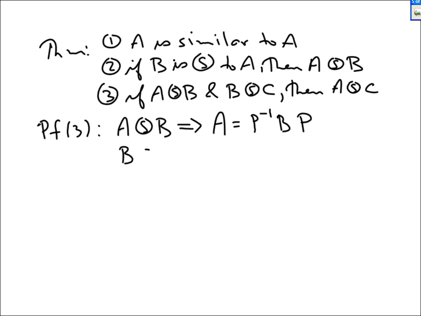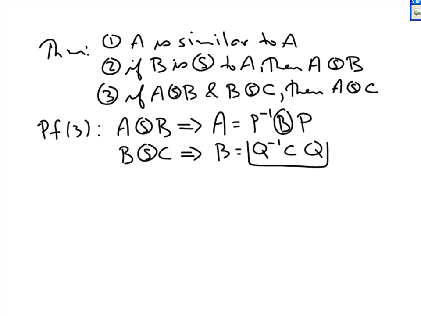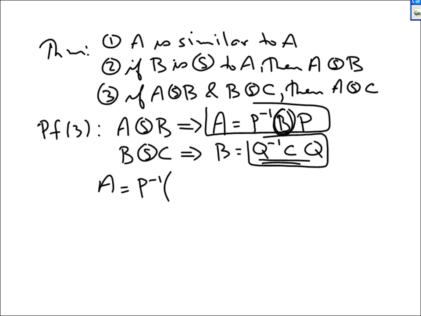And B is similar to C implies that B is equal to some Q inverse times C times Q. Okay, so I have B in the middle here, but I can write that instead. So A, I'm just rewriting this, but instead of B, I'm going to put that. A is equal to P inverse times Q inverse C Q times P. I just wrote B differently.